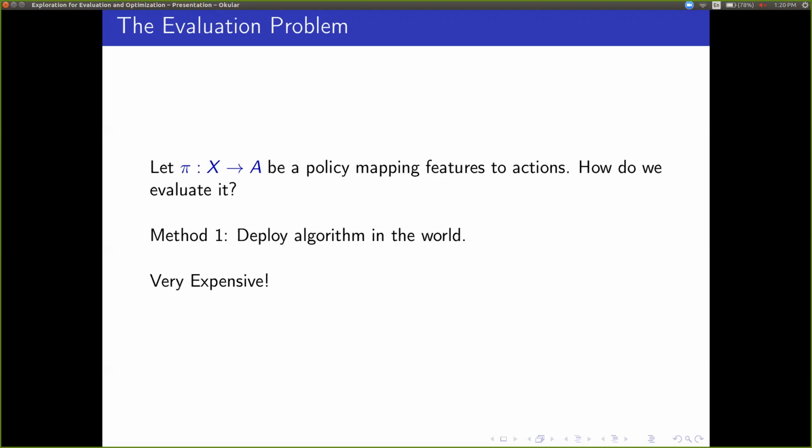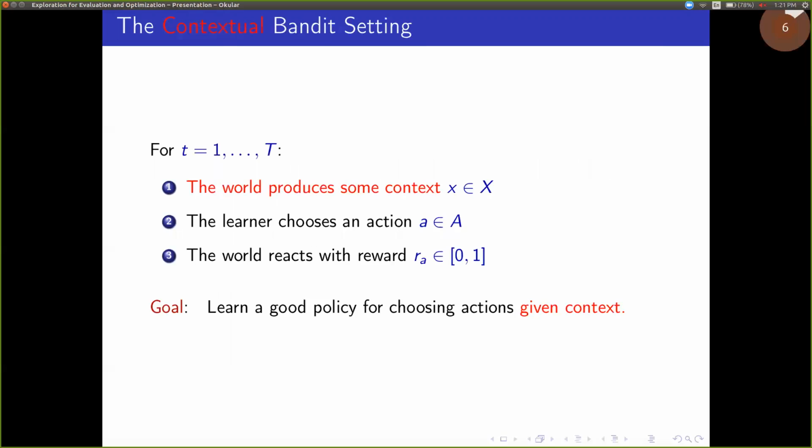I have a question. Yeah. So for the reinforcement learning that we're doing, is it a similar setup to that? Yeah, let's go back. So this looks like reinforcement learning, and it is a form of reinforcement learning. But I mean this in a more limited sense than full reinforcement learning.